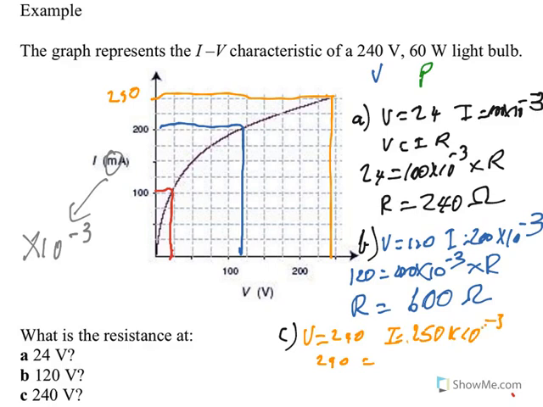So 250 by 10 to the minus 3, and times by the resistance, and when you get that, the resistance would be 960 ohms. Alright, so more current's heated it up more, and resistance has increased.